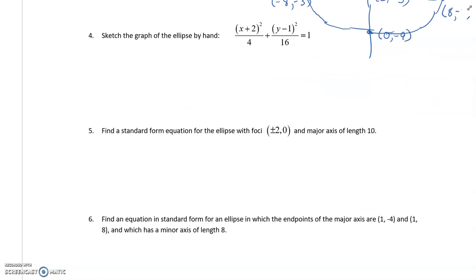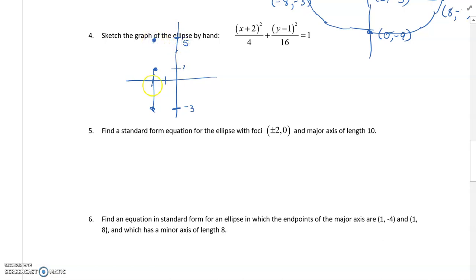Okay. This one is centered at negative 2, positive 1. And it has a longer axis in the vertical direction, goes up and down 4. So we'll go down to negative 3, and up 4 would take me to 5.